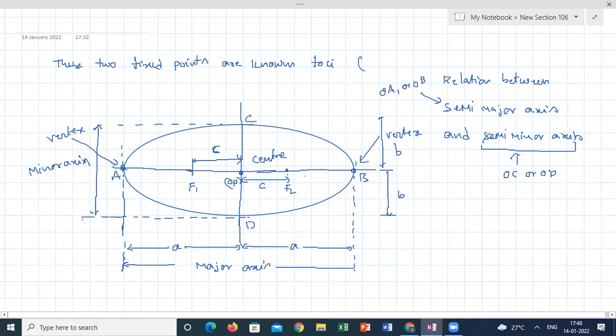If I am taking a point P at one end of the major axis, I am taking A. At one end of the major axis, assume I'm taking a point P here. This is my point P.